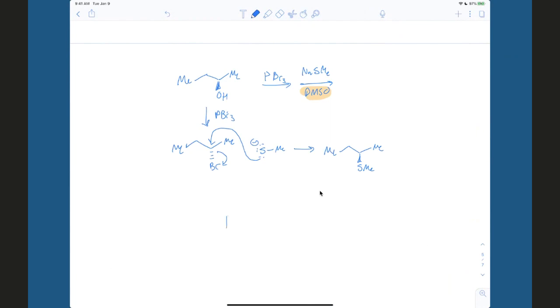The only other place where I can think we have seen a thiolate used is in a nucleophilic aromatic substitution reaction. So these also, I shouldn't draw the circle. These are also very good nucleophiles for SNAr.